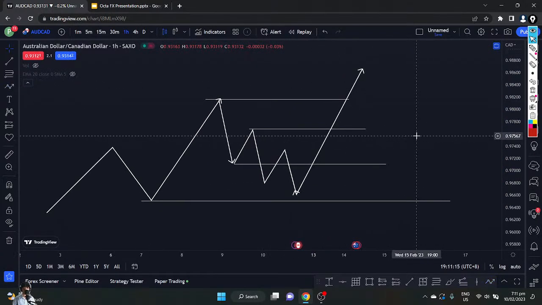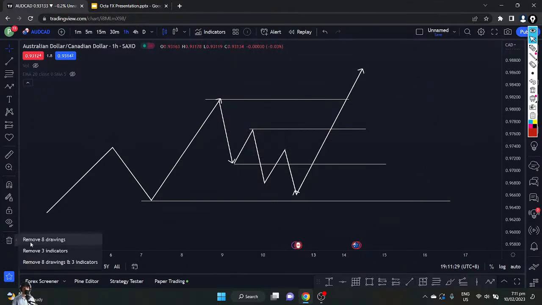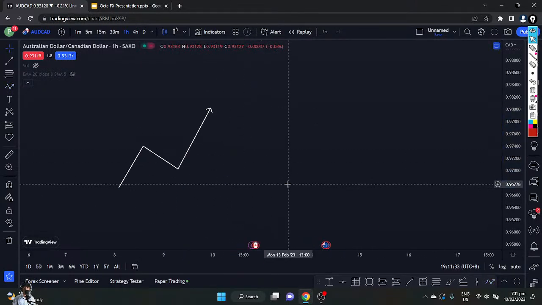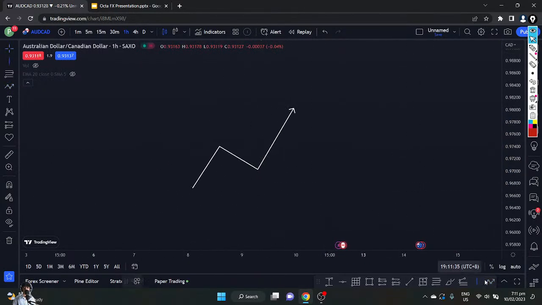Okay? So why we are discussing this is because we are going to incorporate it with the multi-time frame analysis as well as the Fibonacci retracement and extension. Okay, and there are also traders who want to take a sell trade while the price is going down like this.